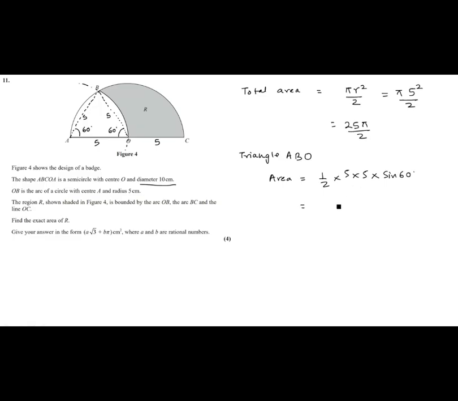Sine 60 is root 3 by 2, so this will be 25 over 2 times root 3 by 2. So this becomes 25 root 3 over 4. That's the area of this triangle. Now looking at this, it looks like these two segments have an equal area because everything looks symmetric here.